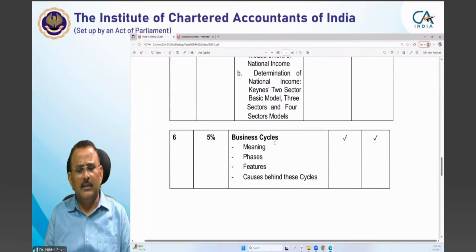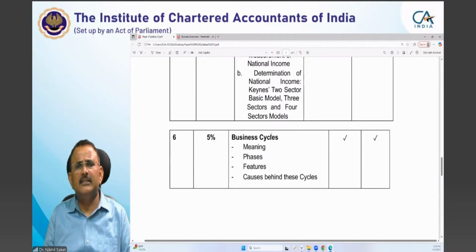Now another unit is business cycle. What is the meaning of business cycle? What are the four phases of business cycle? What are the features? What are the causes behind the business cycle? All this has been explained. What is leading indicator? What is lagging indicator? What are concurrent indicators?